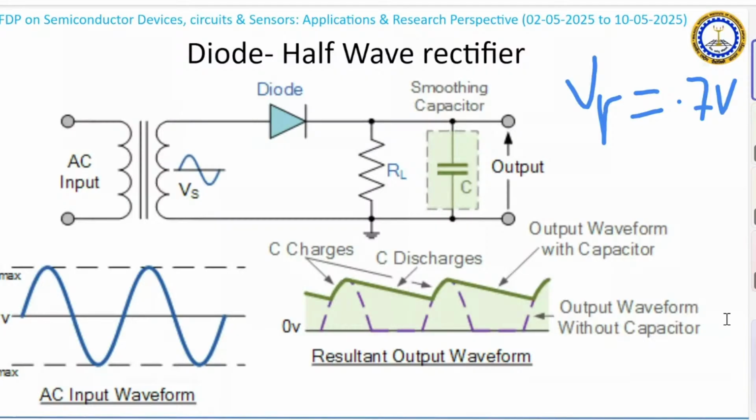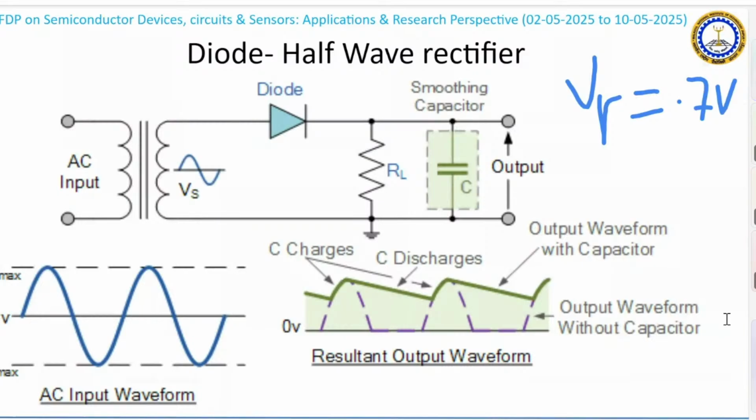Once current is flowing, the excess voltage is V minus 0.7, which was nothing but the battery.